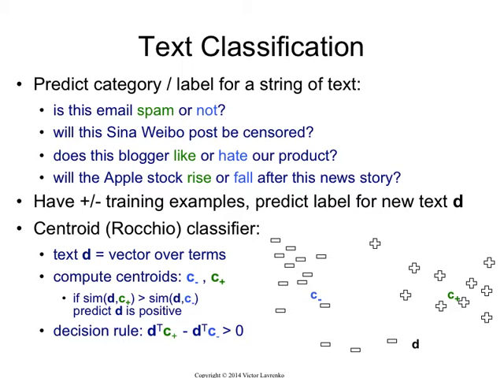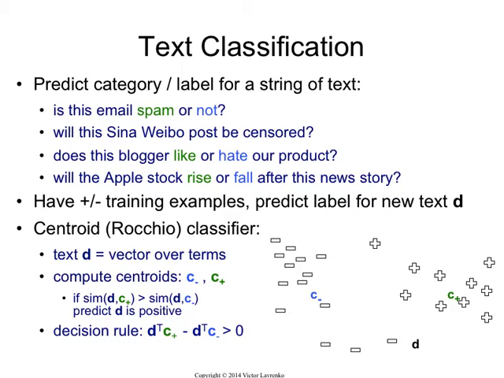It's the set of all points that are closer to C plus than to C minus. One way I could represent that is by saying, if I use a dot product to measure similarity between a centroid and a document, then I want a higher dot product for the positive centroid than for the negative centroid.